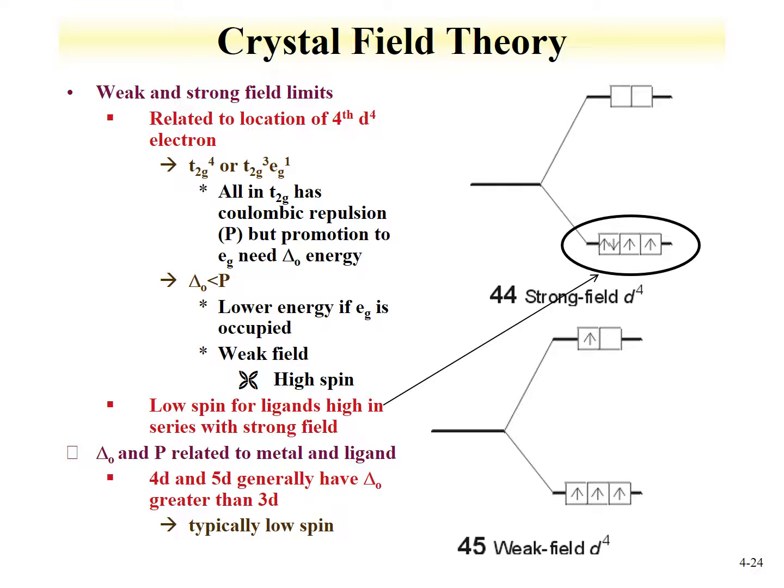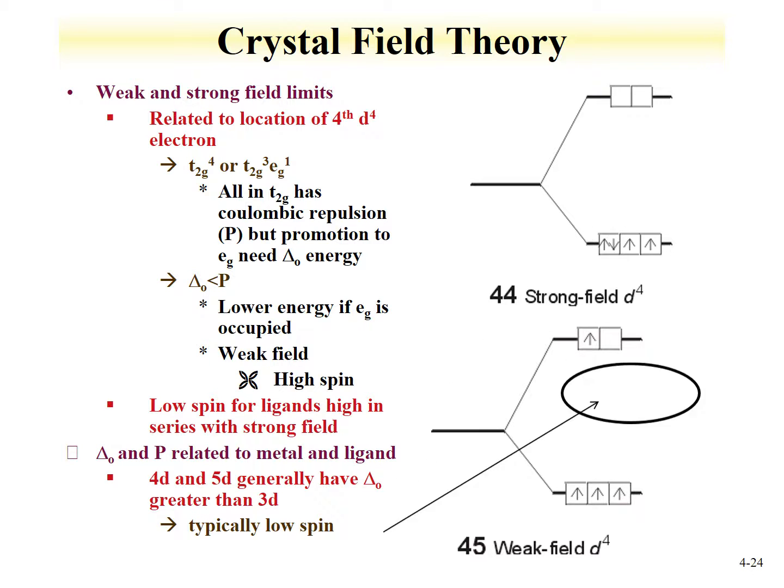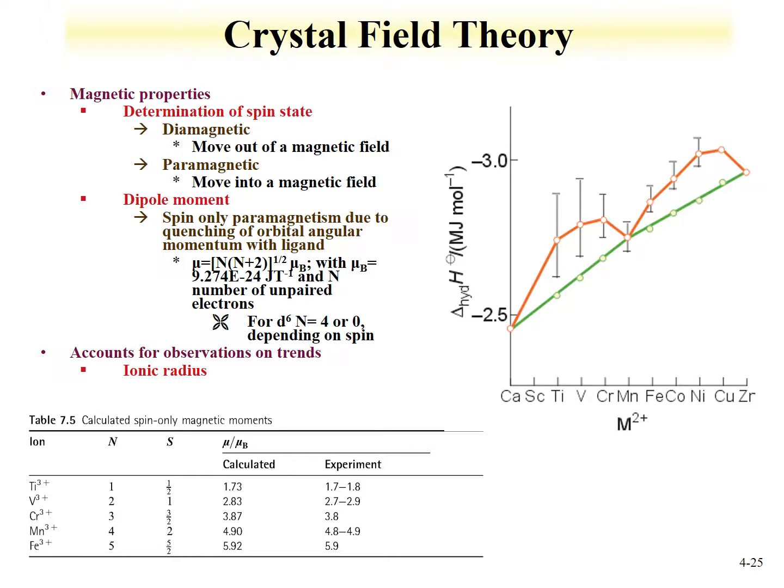Generally, the 4d and 5d have this ligand field splitting parameter greater than the 3d. So we're going to see that they're going to generally have low spin. Magnetic properties can also be used to evaluate the splitting parameter, since the pairing of electrons is going to influence the magnetic behavior of the complex.